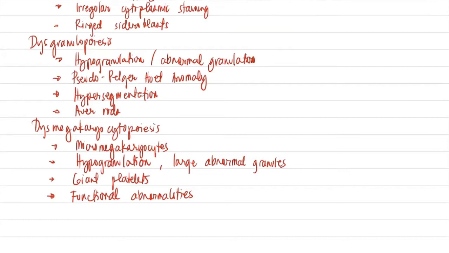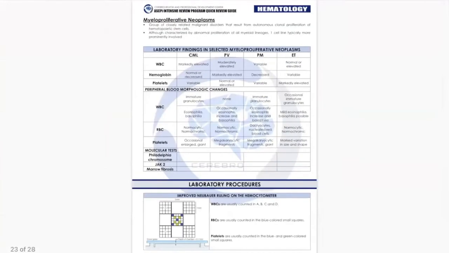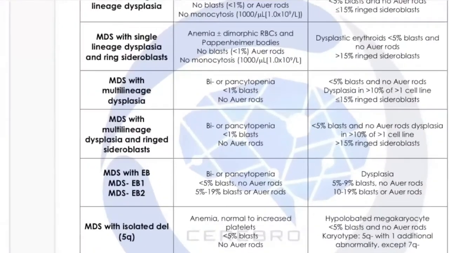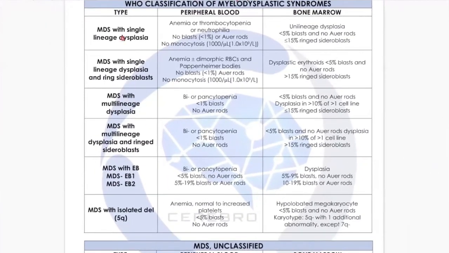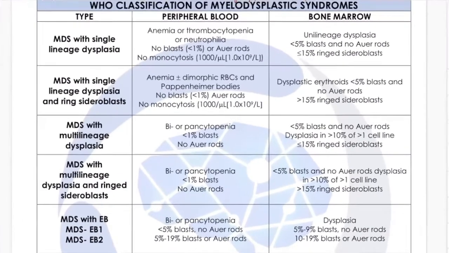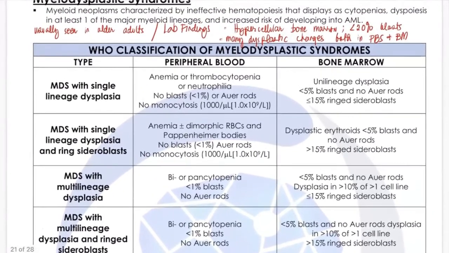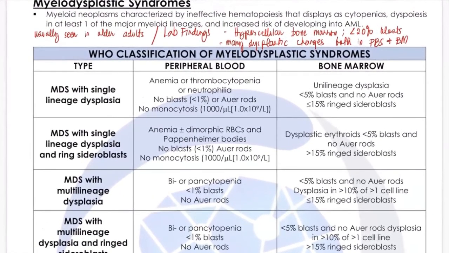Okay? So meron tayo ditong 7 major categories. So itong 6, ito yung mga WHO classification, 6 sila. Then this is the MDS unclassified. So 7 classification all in all. Okay? And usually the basis of this classification, take note natin, is based on the degree of dysplasia and cytopenia.